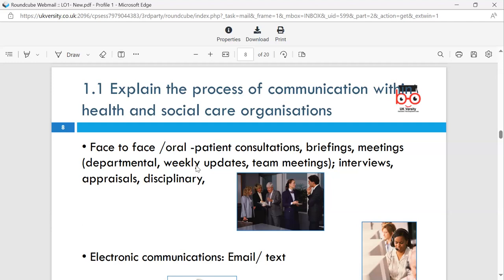Someone may say yes, they've agreed, but when you're face to face, you can easily tell through the person's facial expressions or body language that they are saying yes but actually mean no. They are not comfortable with that agreement. But the main importance of face to face is that the feedback is instant. It's there and then.